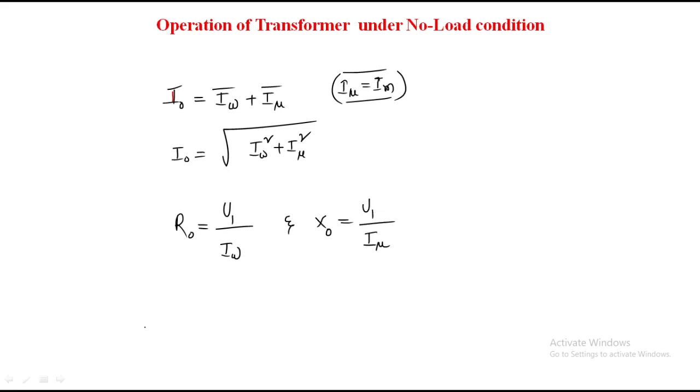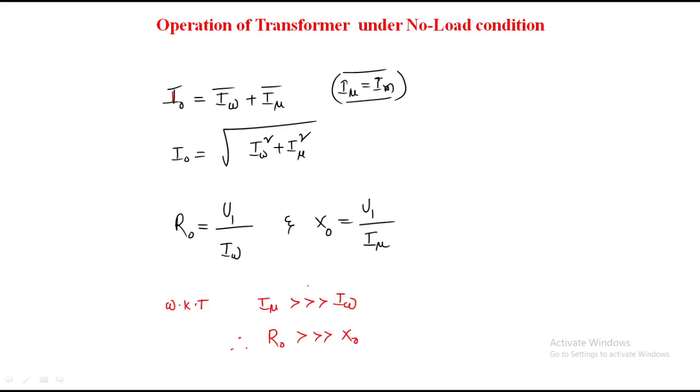We all know that I mu is far more than IW. Therefore, if I mu is more, R naught is far more than X naught, right?